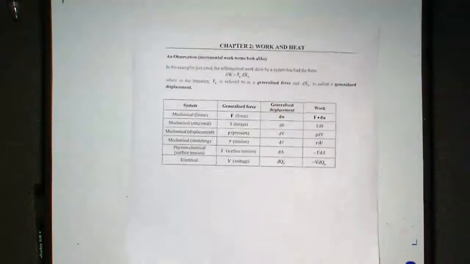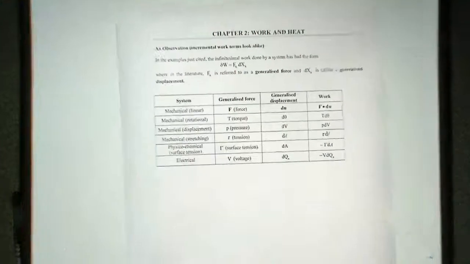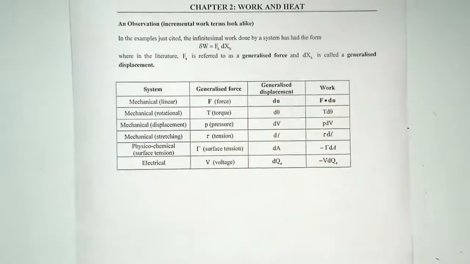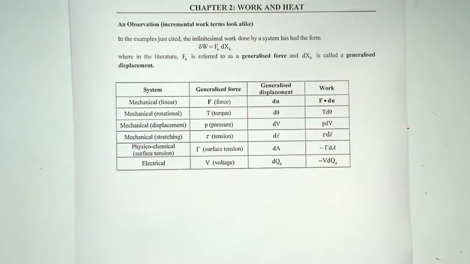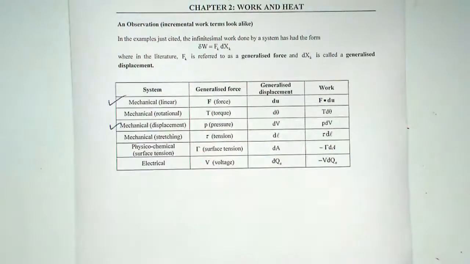Something else I just want to mention, this is the last thing before we stop, is that this table is actually quite useful. So, guys, just bear with me for a few more minutes. When you've got different types of work, and we saw some examples today, we saw linear, and we saw displacement.